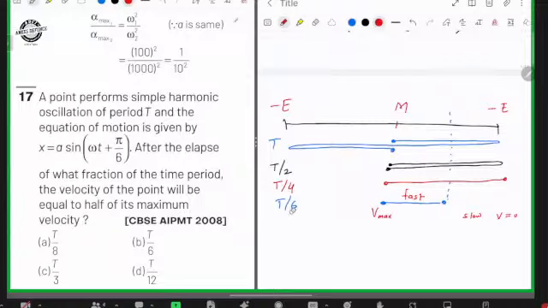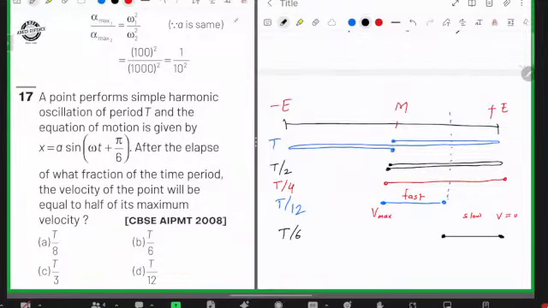Hence, it will take less than T by 8 seconds. So I've wrongly written, it will take T by 12 seconds, and T by 6 would be this time from the midpoint of mean and extreme position to the extreme position.